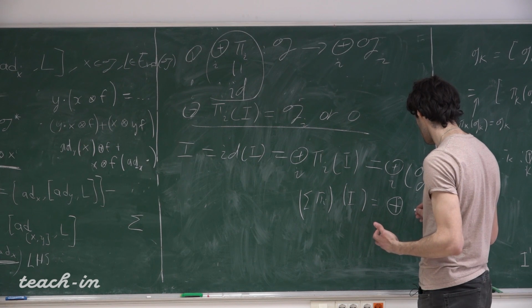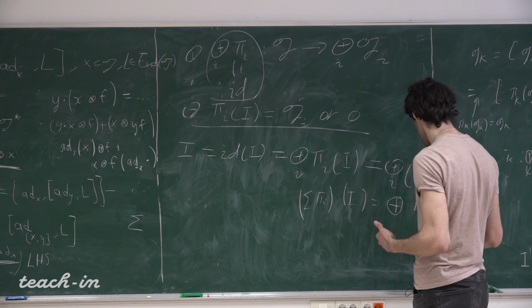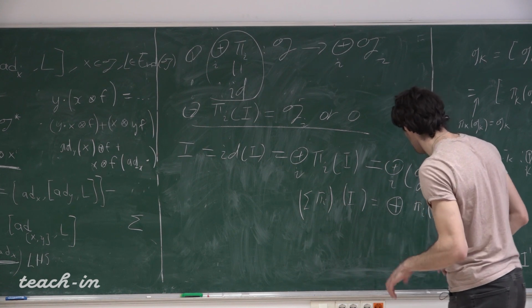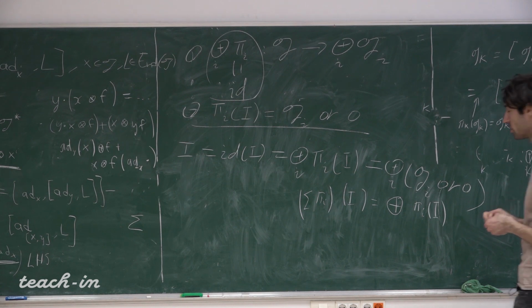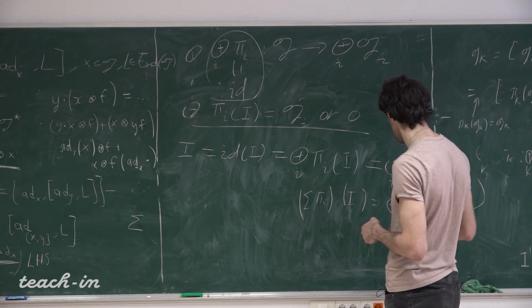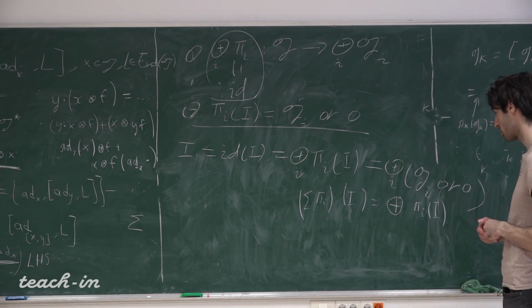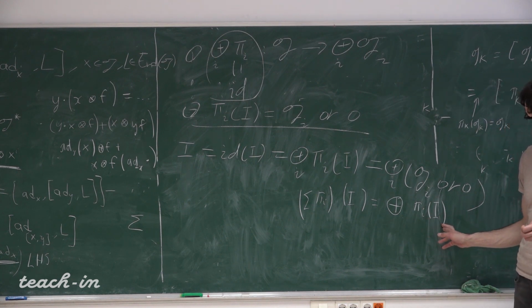Because the images of the pi I do not intersect. Actually, for any subspace that's true as vector subspaces, right? Then pi I of I is an ideal inside G, right?